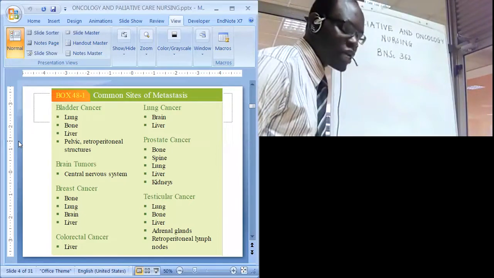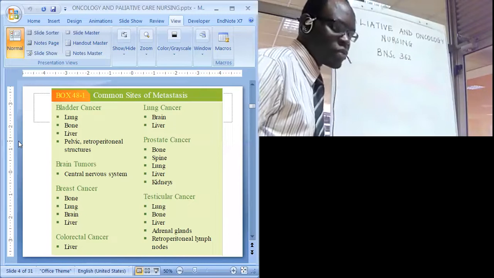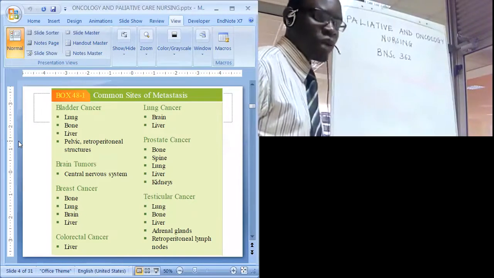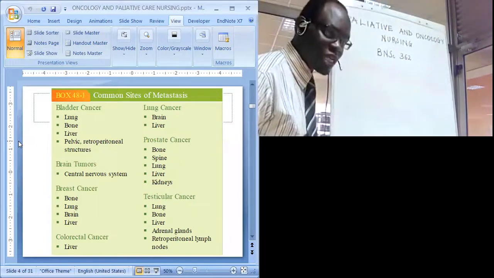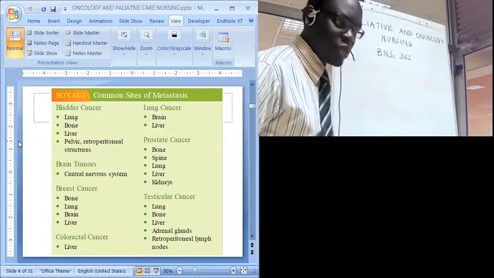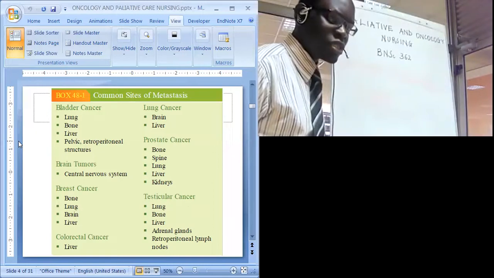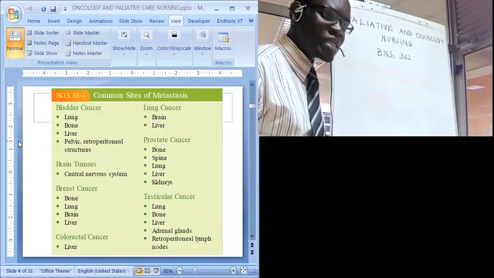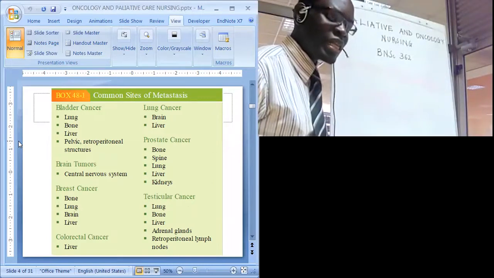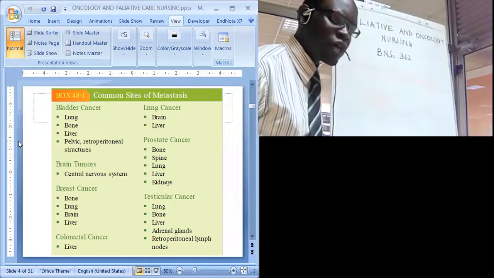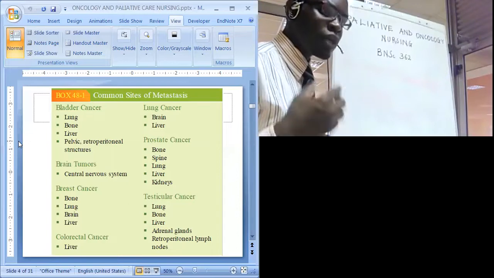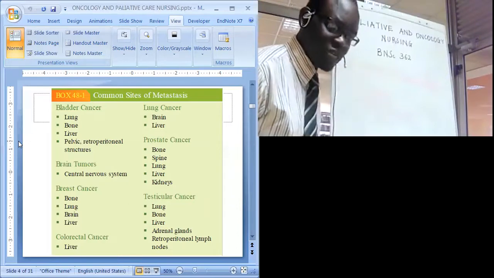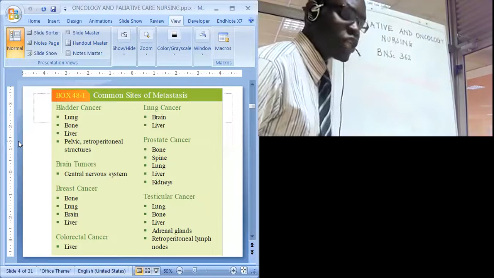For brain tumors, we can see the central nervous system. For prostate cancer, we can see bone and spine. Actually, with prostate cancer, it is quite serious that if someone is aged and starts complaining of back pain, one of the indicators of prostate cancer is back pain.